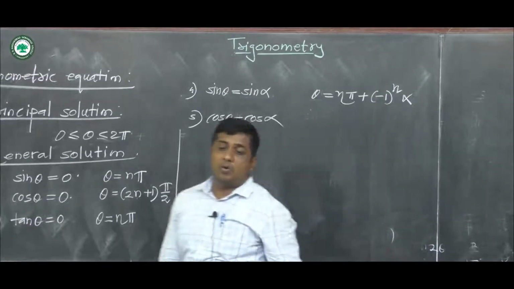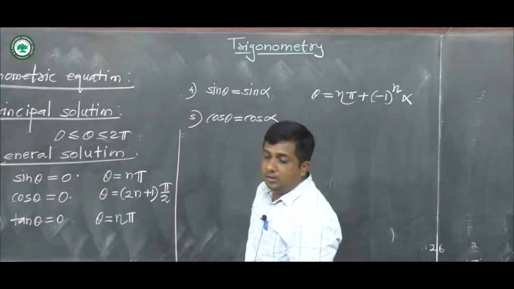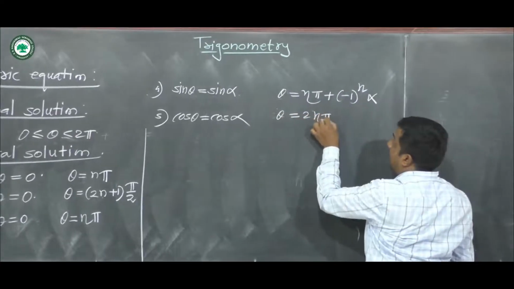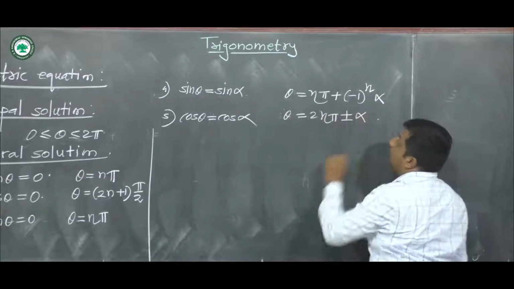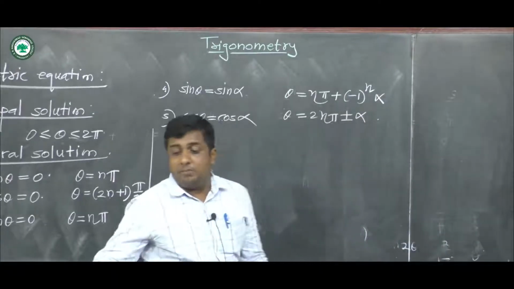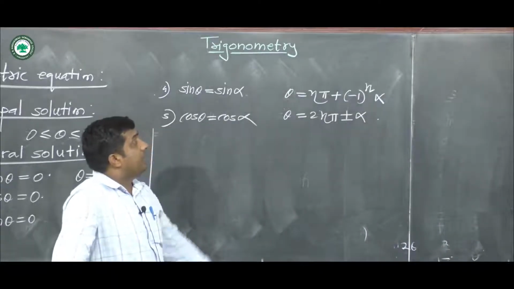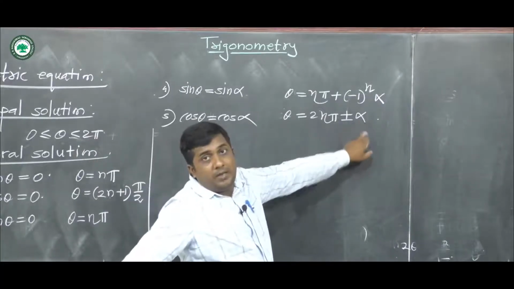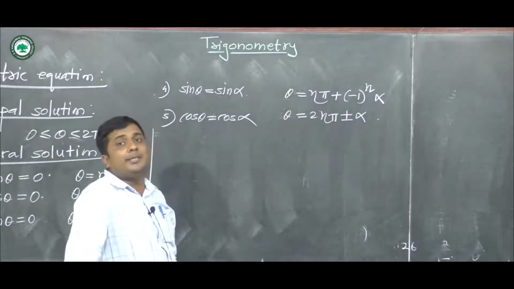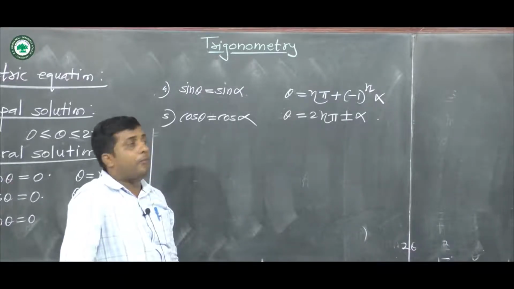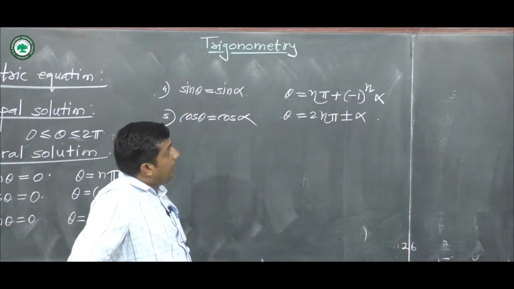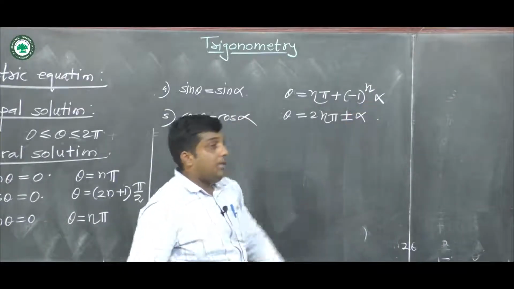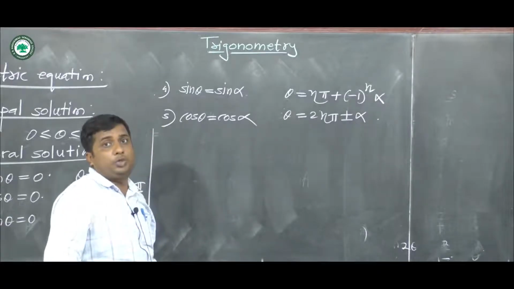For this type we consider theta equal to 2n pi plus or minus alpha. Again n belongs to Z, and alpha lies in the closed interval 0 to pi. Remember, this alpha is the principal solution.